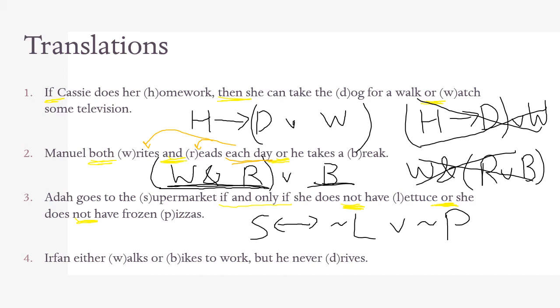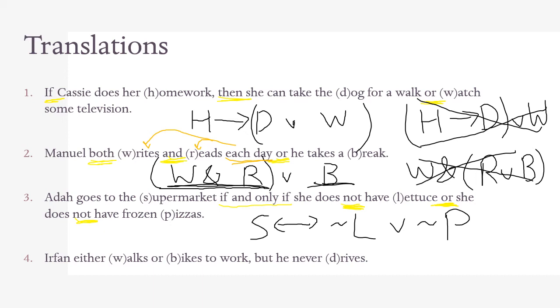So now we've got quite a few operators here. We have 2 tildes and we have a double arrow. We also have a wedge, but we've only got 3 different letters here. So how are we going to use the parentheses in this situation? So an if and only if statement is a biconditional, meaning that it says if one side, then the other side.